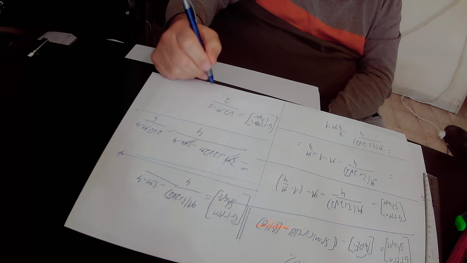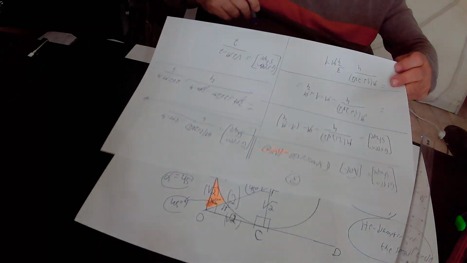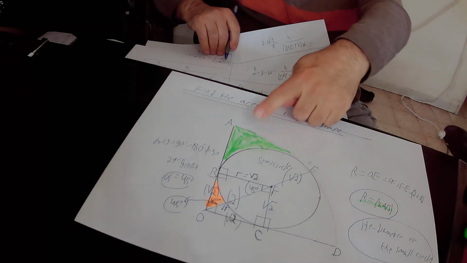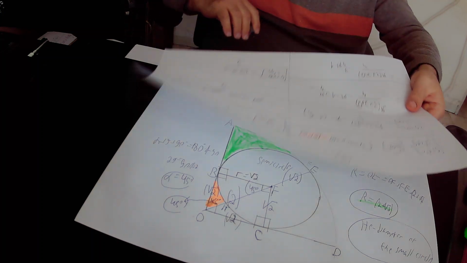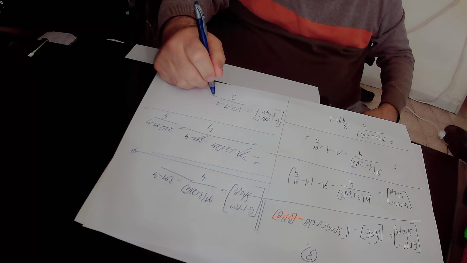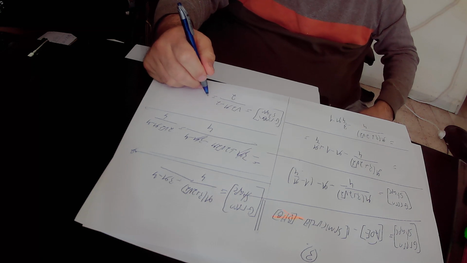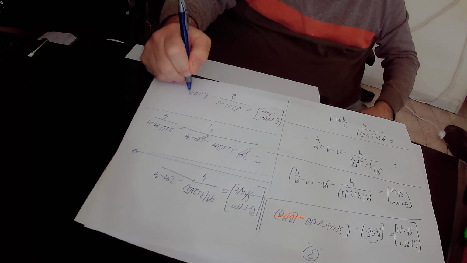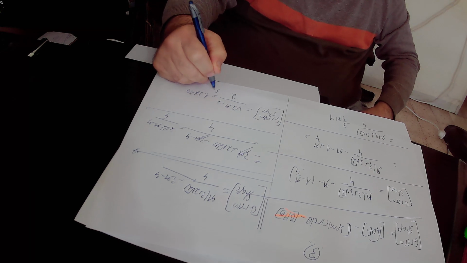In conclusion, we found out that the area of this green shape equals either square root of 2 times pi minus 2 over 2 square units, or in terms of numbers it equals 1.2214 square units.